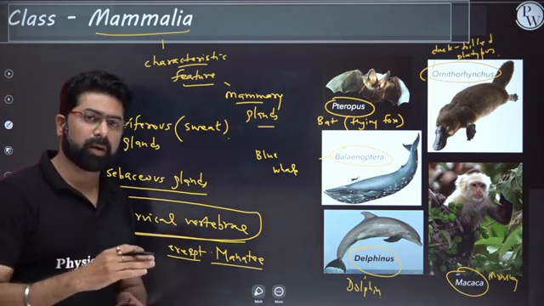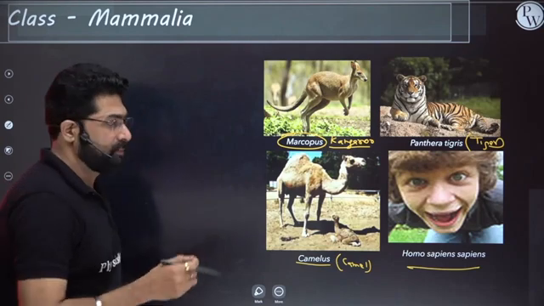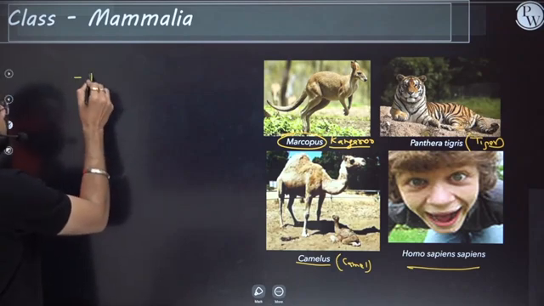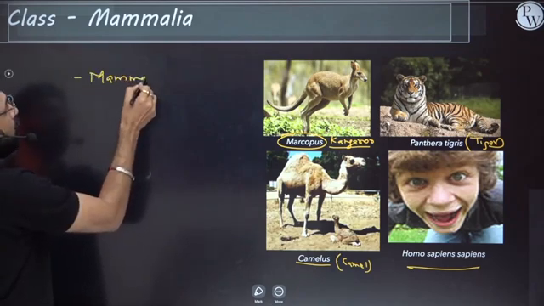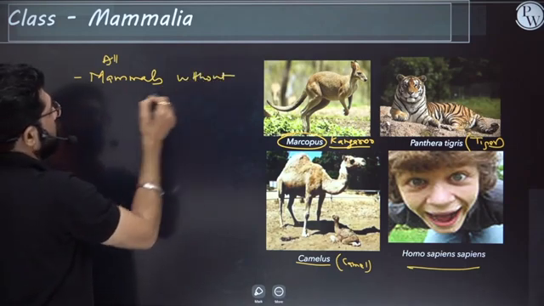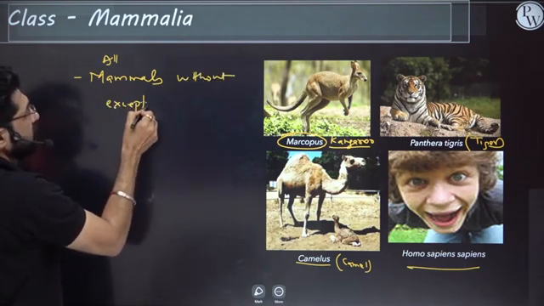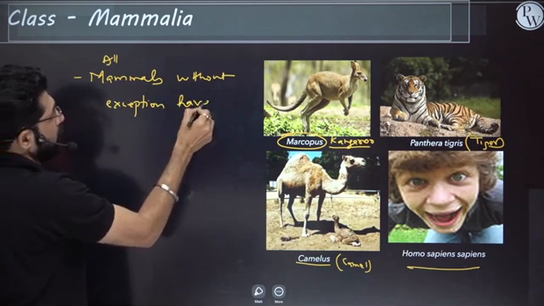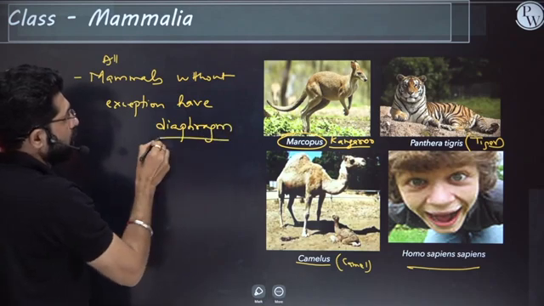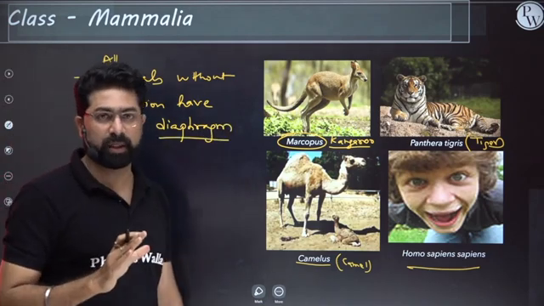Mammals are full of exceptions, but the only structure without exception is the diaphragm. All mammals, without exception, have a diaphragm.